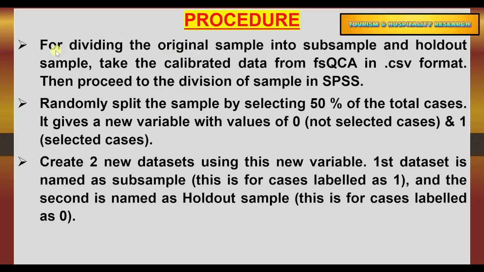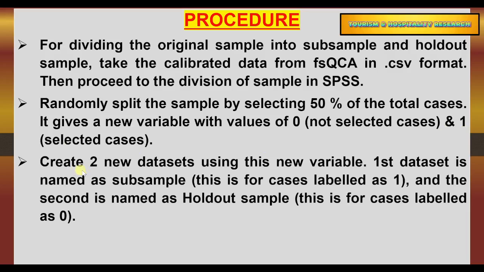The procedure is to divide the original sample into subsample and holdout sample. So the original sample which you have, after the calibration is done, we take that CSV file into SPSS and then we divide it randomly by selecting 50% of the total cases and giving 0 to the cases which are not selected and coding 1 as the selected cases.